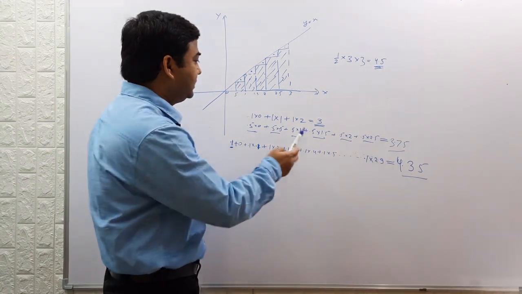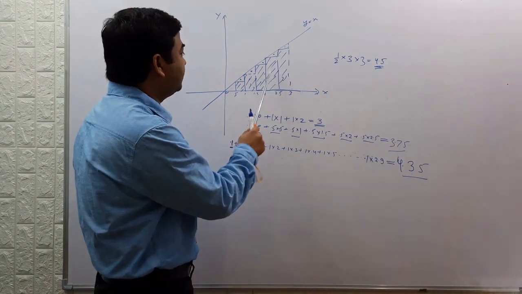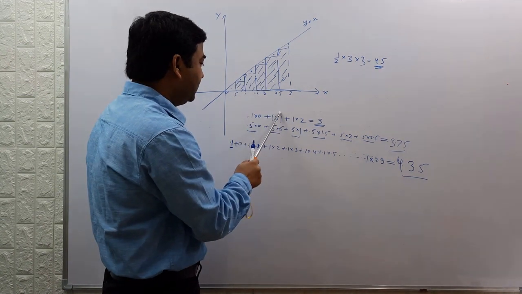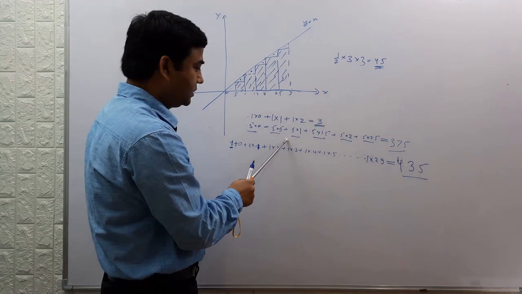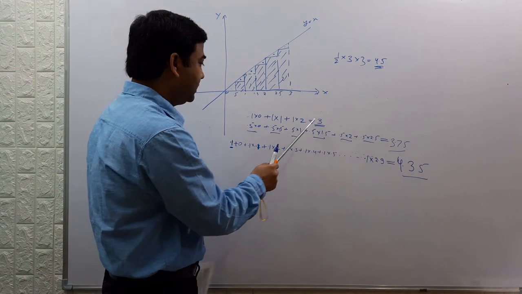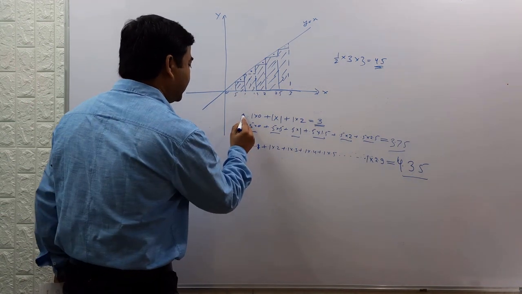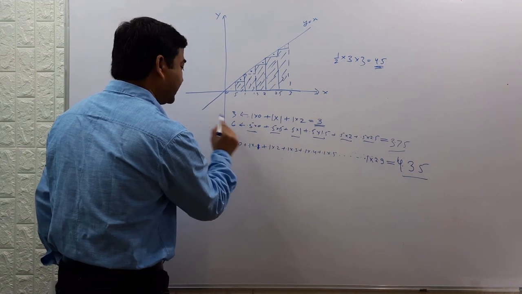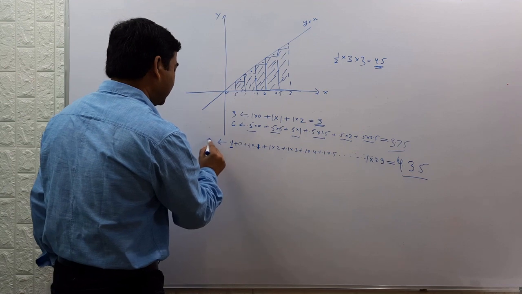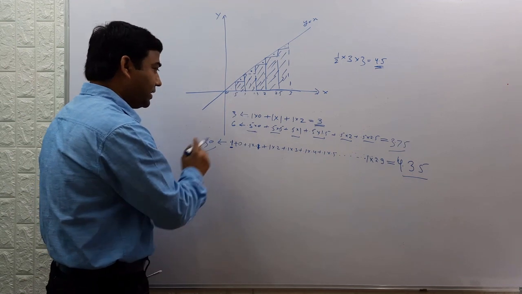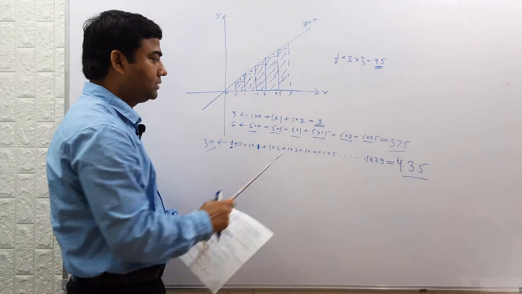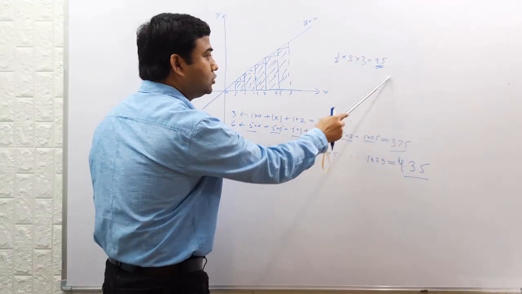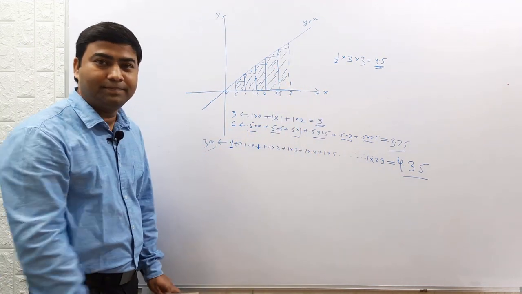So you can see that as we increase the number of rectangles in this triangle, from 3, to 6, then 30 rectangles, the area is increasing and approaching the actual area of the triangle.